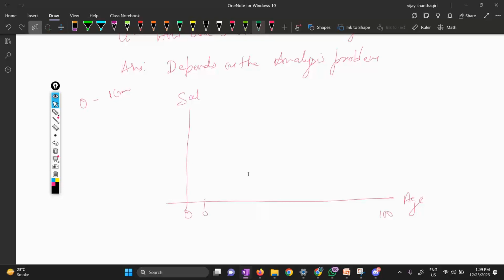So I will say 10, 20, 30, 40, 50, 60, 70, 80, 90, 100. Here I have to scale in a different way. Here also I will scale 10 lakhs per annum, 20 lakhs per annum, 30 lakhs per annum, 40 lakhs per annum, 50 lakhs per annum.